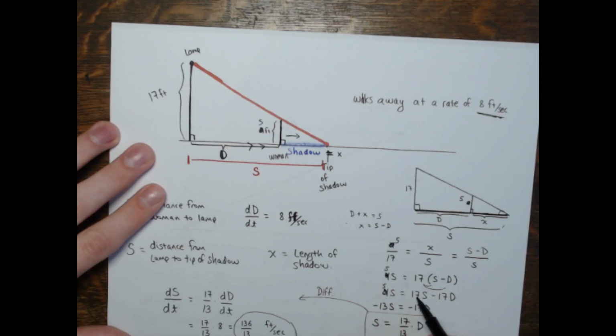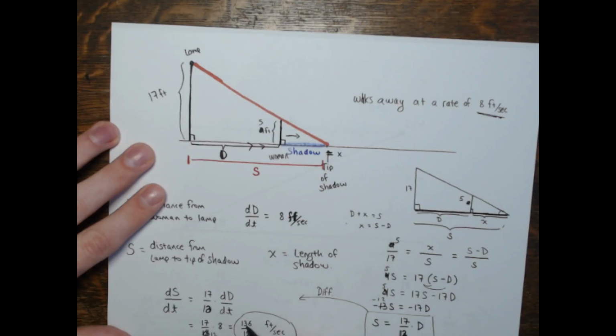Subtracting, this would be negative 12 instead. So instead of 17/13 D for S, you have 17/12, and then times 8, right? Again, the speed at which she's walking away from the pole is still 8 feet per second.